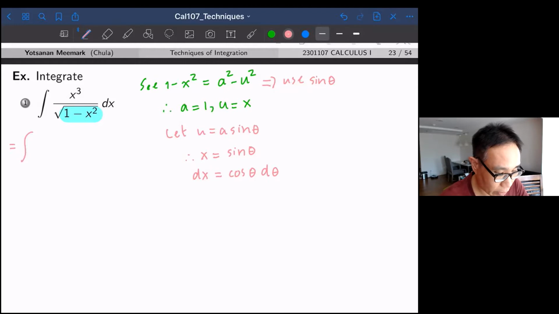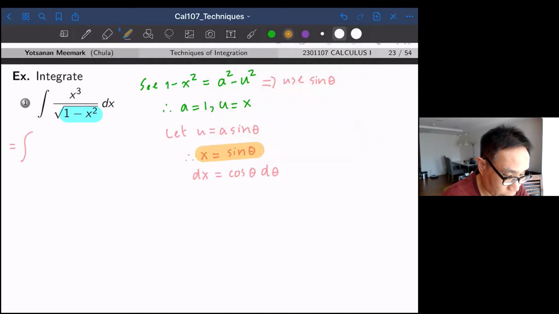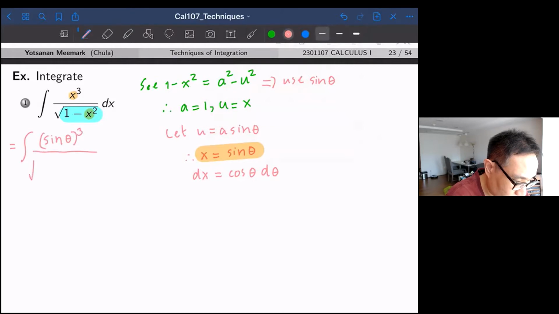Okay, so you have x cubed. X cubed will be just this, x equal to sine theta. Let me highlight this term. So you have how many x? You have one x here and another x here. So you're going to plug in x equal to sine theta, so it's going to be sine theta to the third over the square root of 1 minus sine theta square.